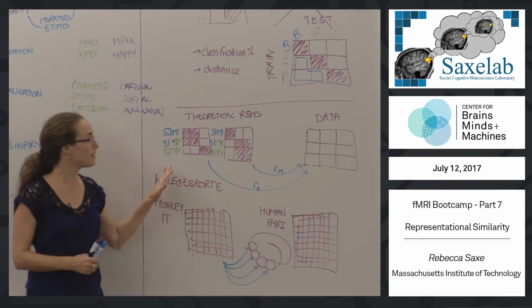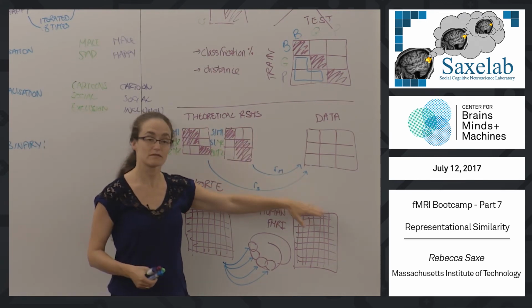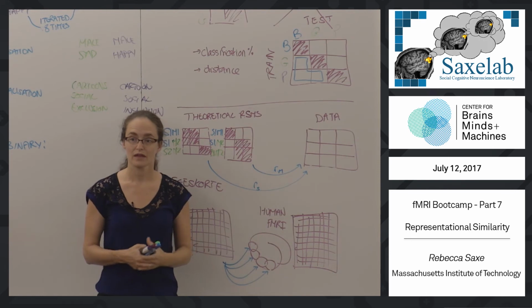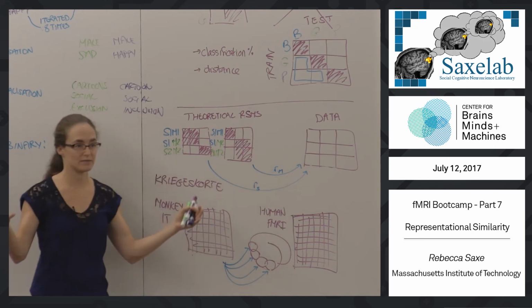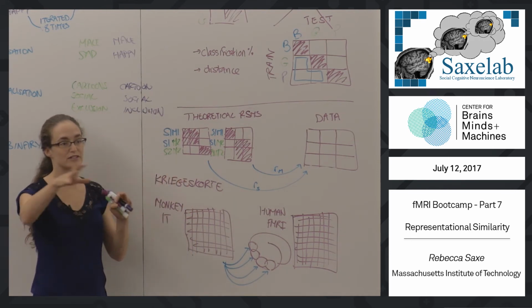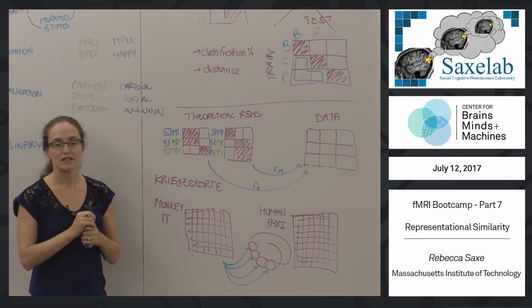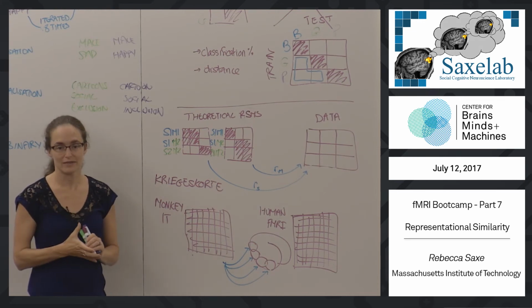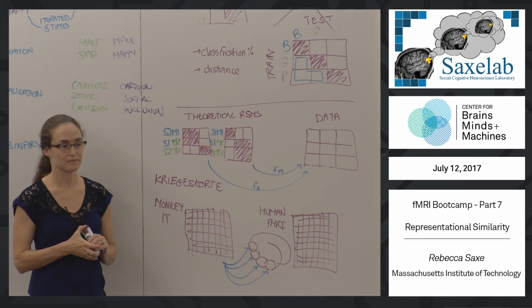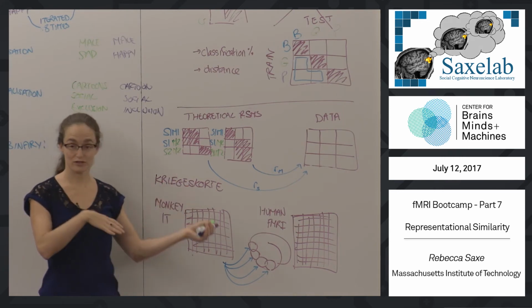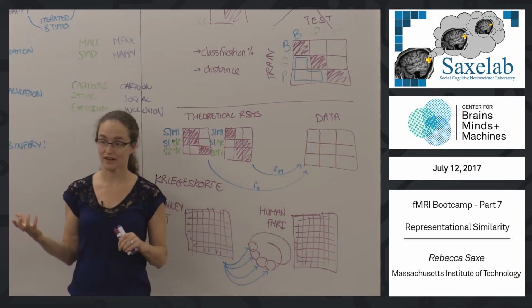And so what papers like this ideally might look like is you think of a set of stimuli and their similarities such that there are many different ways they could be similar to each other, right? Some of those might be the ways you're interested in. Some of them might be confounds.